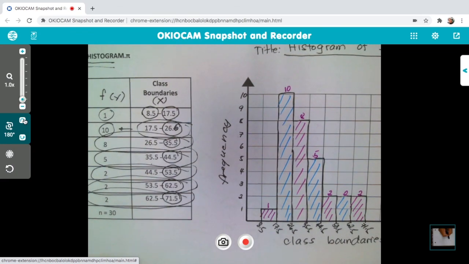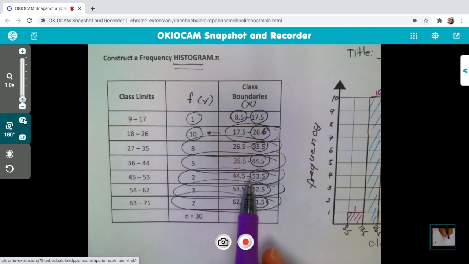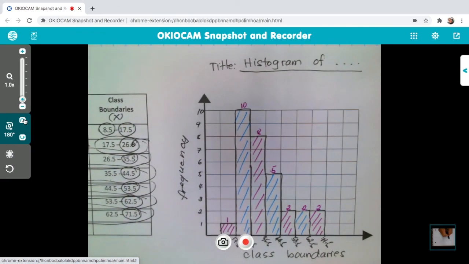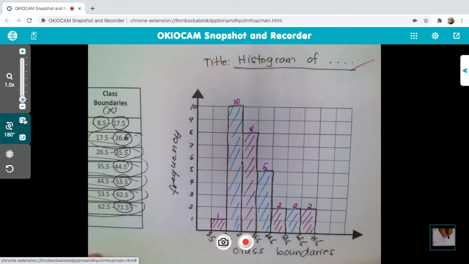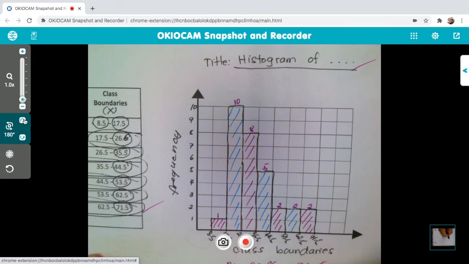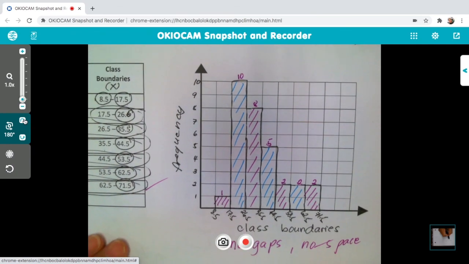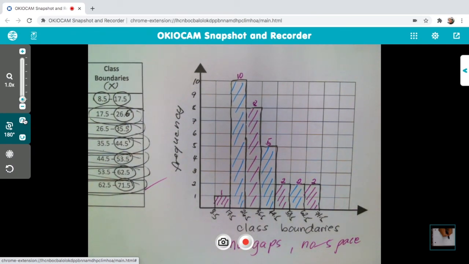So, given this data, we have class limit with frequency and class boundary. This is the histogram with title, with label. The graph has no gaps and no space. So we will continue presenting the graphical presentation by tomorrow.